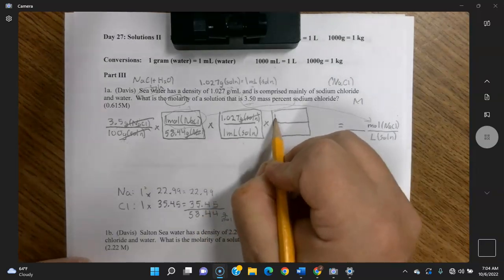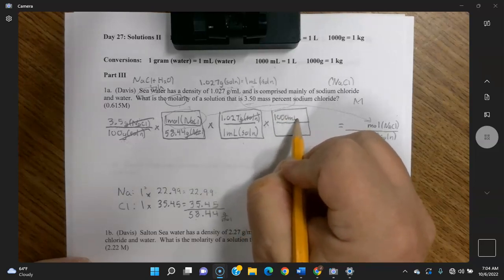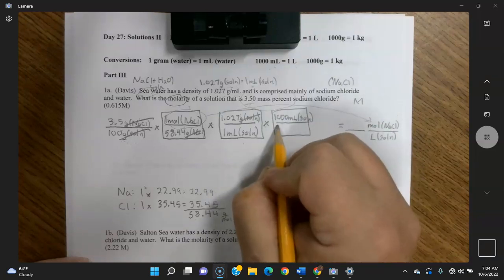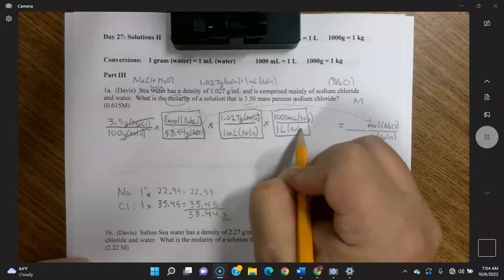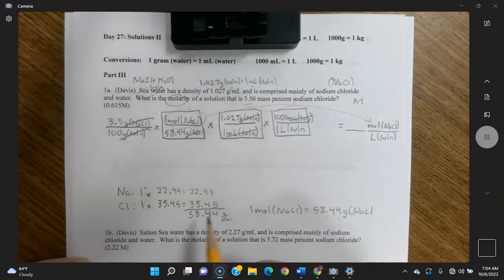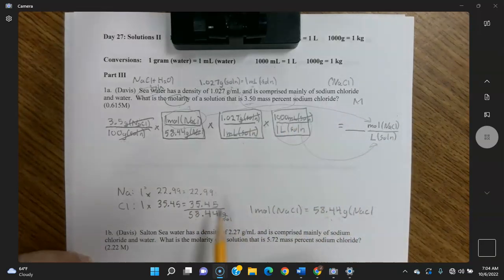So we're going to put the 1,000 milliliters of solution on the top and the 1 liter of solution on the bottom. So milliliters of solution cancels there and there. And the last man standing on the bottom is liters of solution. So we have all the units set up correctly.